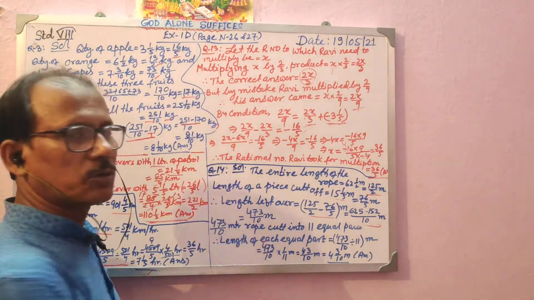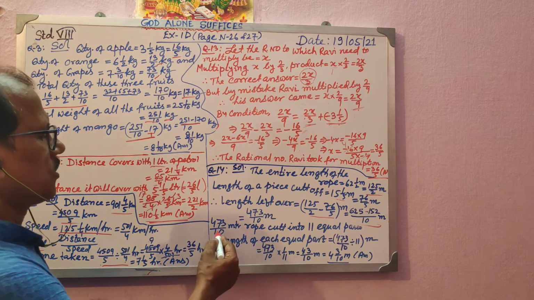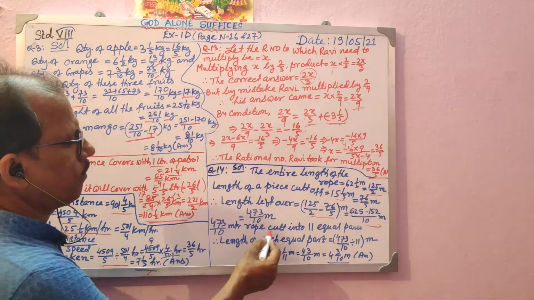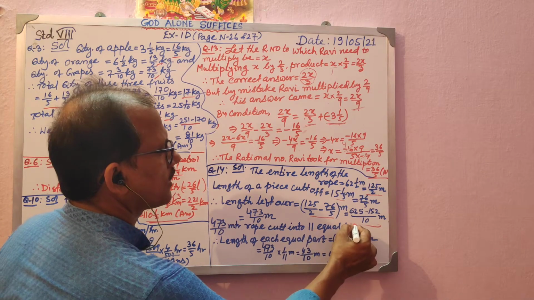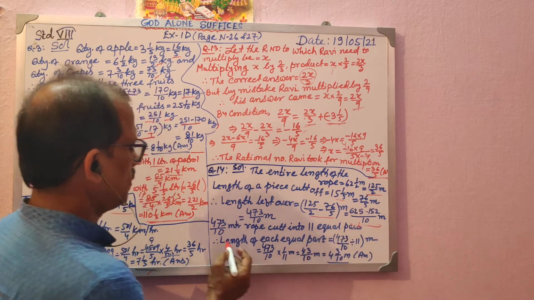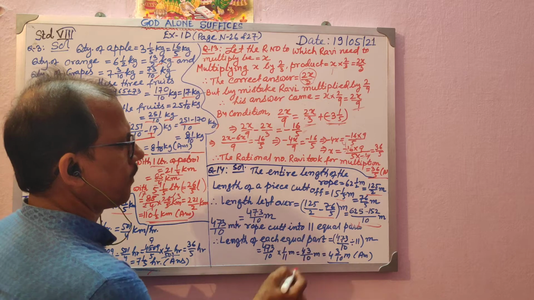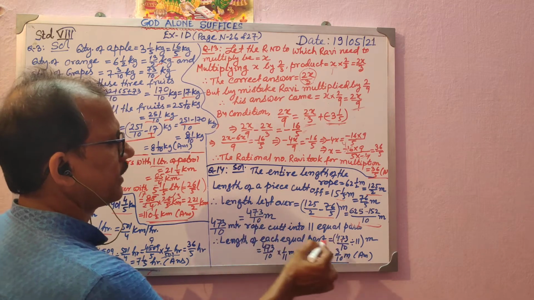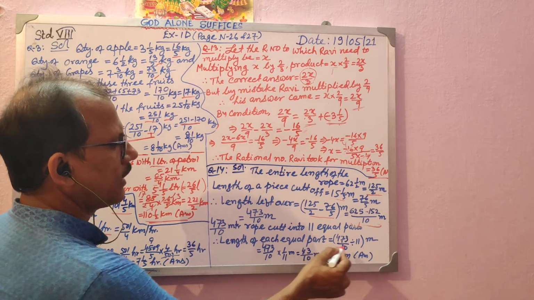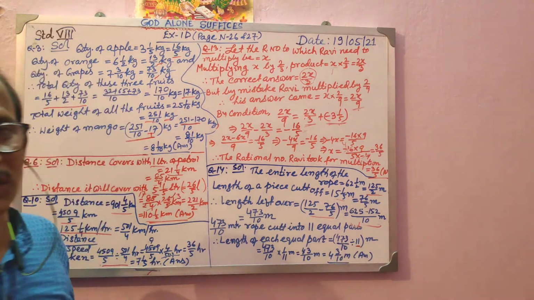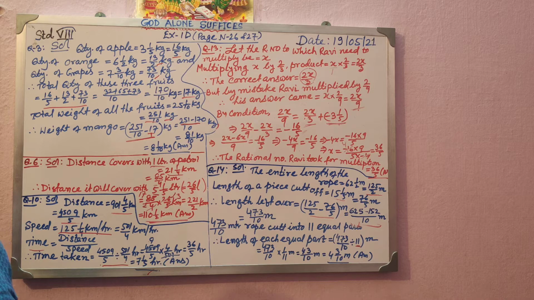Definitely whatever the leftover is, that divided by 11. So this much meter rope is cut into 11 equal parts. Therefore the length of each equal part will be 473 by 10 divided by 11, 473 by 10 into 1 by 11, because this is a divisor fraction, divisor rational number, so it will be the reciprocal.